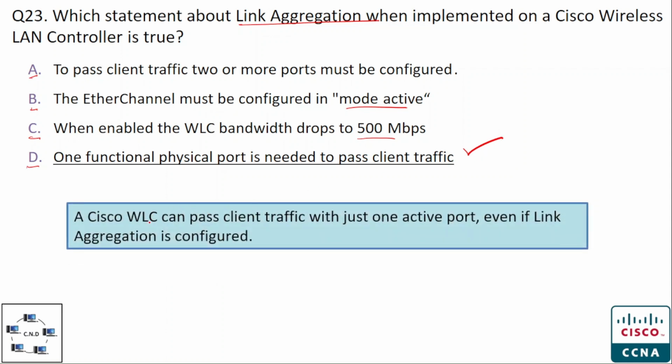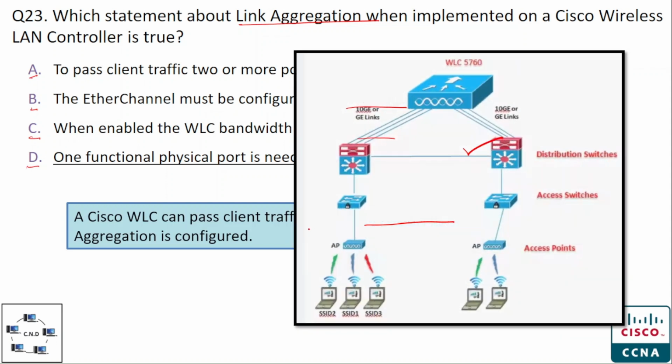So a Cisco wireless LAN controller can pass client traffic with just one active port, even if link aggregation is configured. This is a diagram just to show you the concept. We have here a Cisco wireless LAN controller. It is connected with the distribution switches through link aggregation using multiple links.